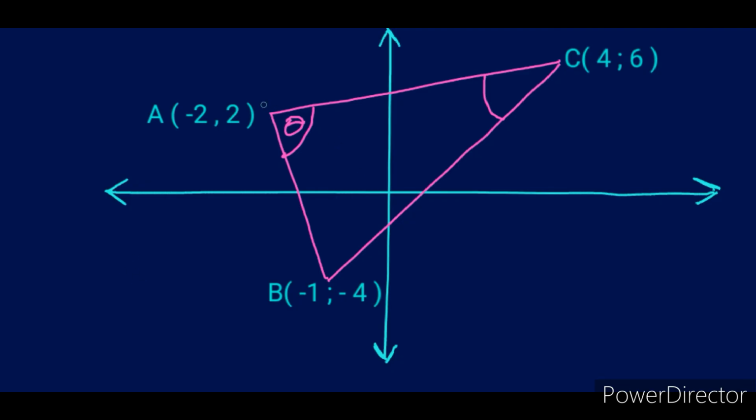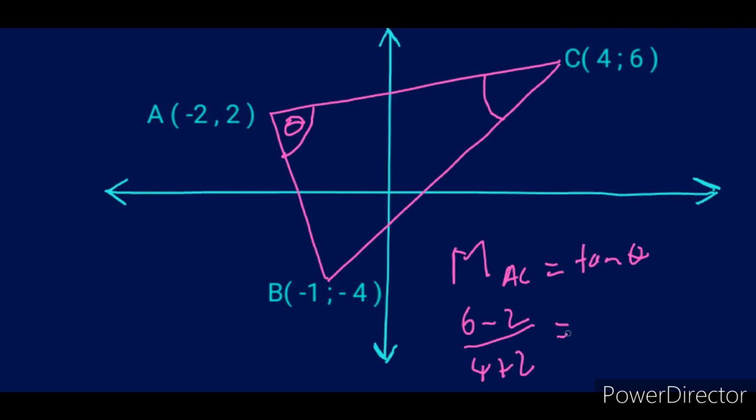Alright, so let's find the angle of inclination of AC. So the gradient of AC is equal to tan theta. So the gradient of AC, which is this part minus this part, so it's going to be 6 minus 2 over 4 plus 2.